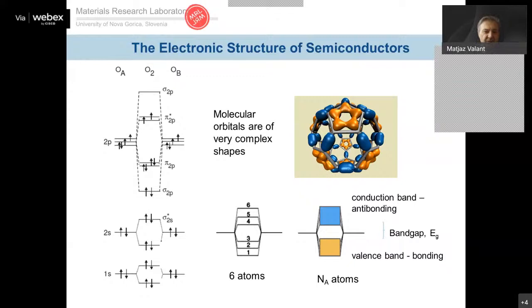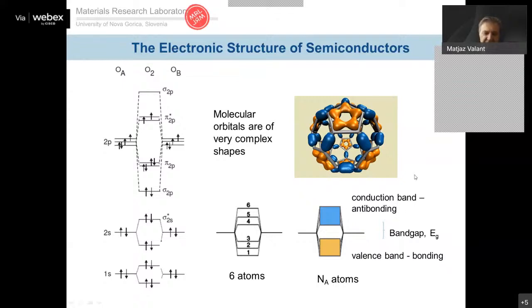So we talked in a simplified manner how the valence band and conduction bands are formed. And we know now that the valence bands contribute to stability of the system, and so they are bonding, while the conduction bands are anti-bonding. They actually destabilize the system.